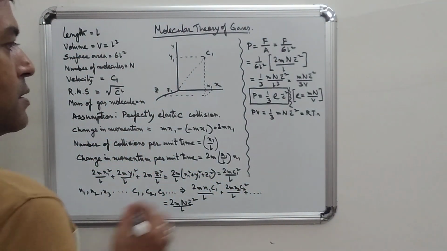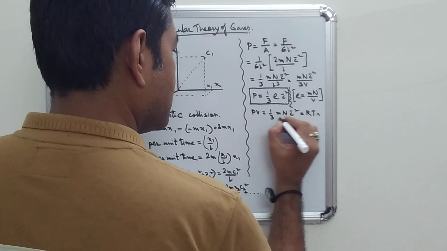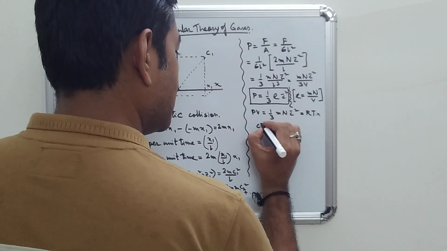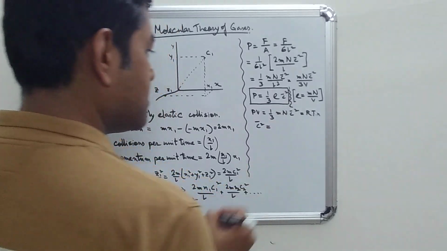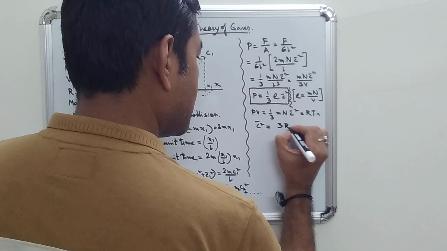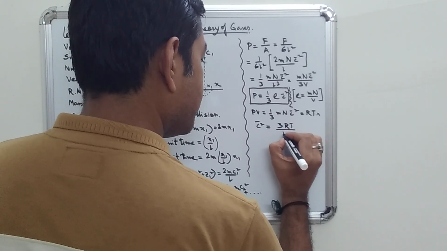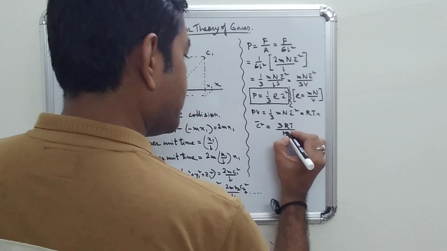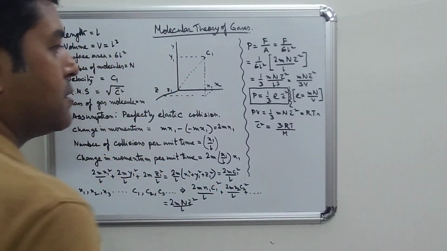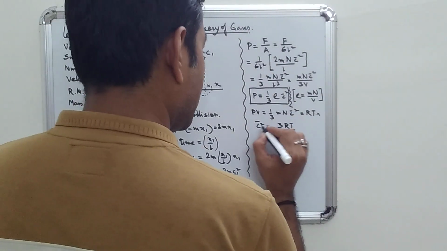Thus, c bar square equals 3RT by m, as we simplify.